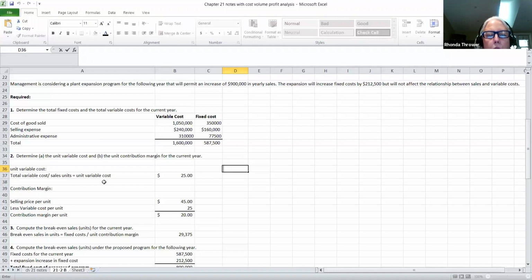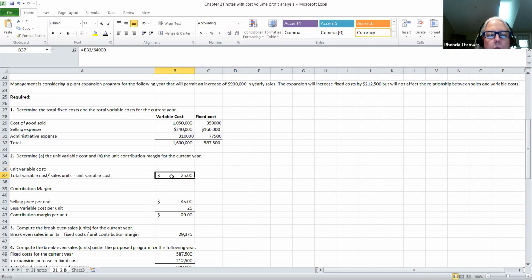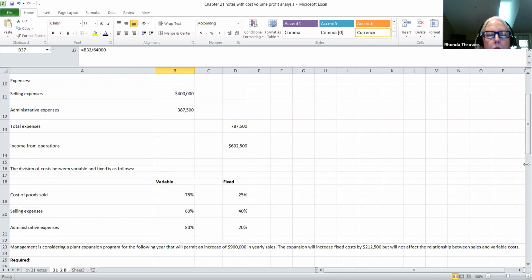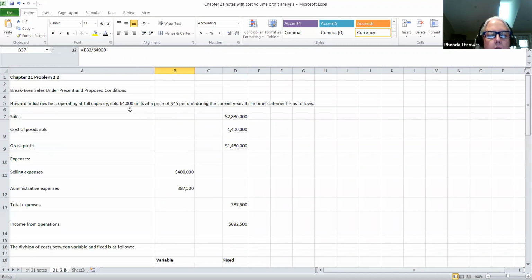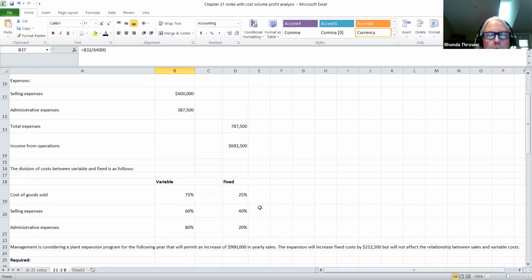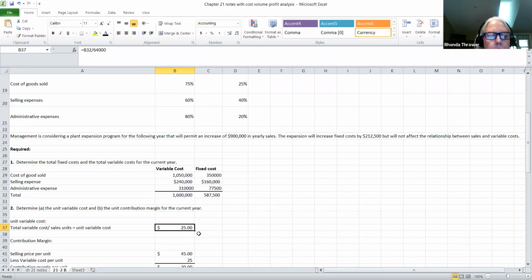That will give you the variable cost per unit. So if my total variable cost is 1,600,000, and I divide it by the number of units that I sold, which was given here as 64,000 units, that will give me $25.